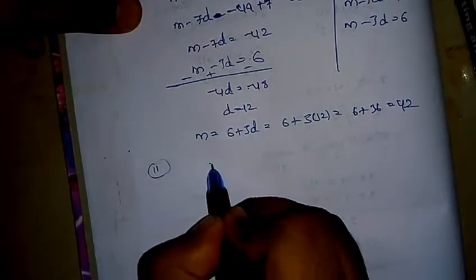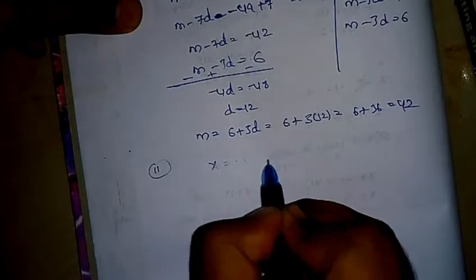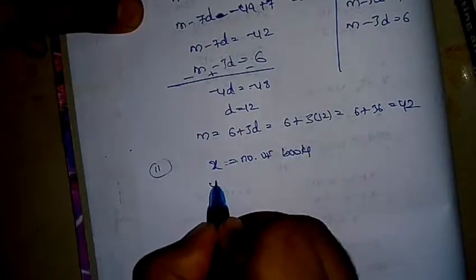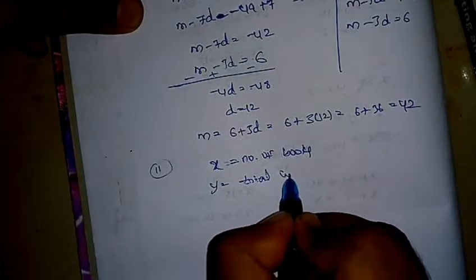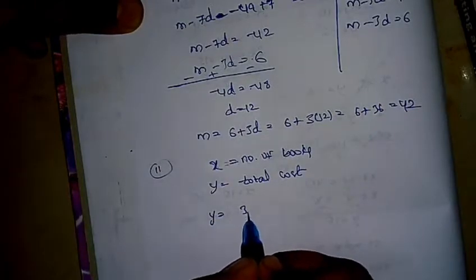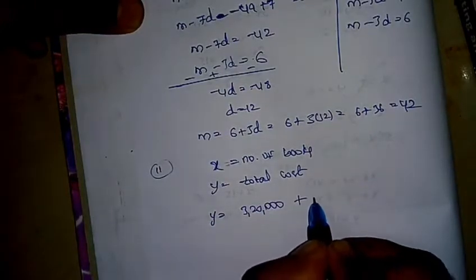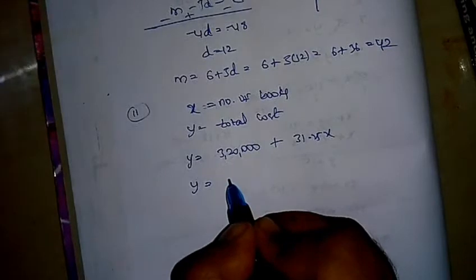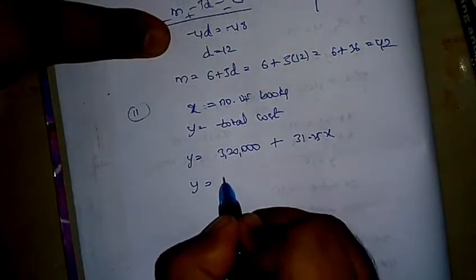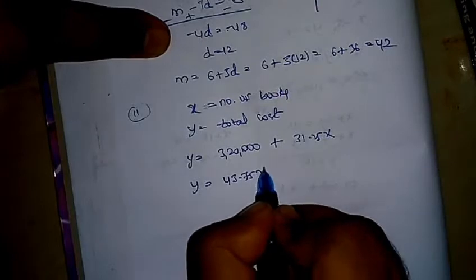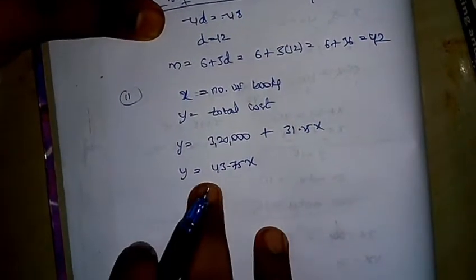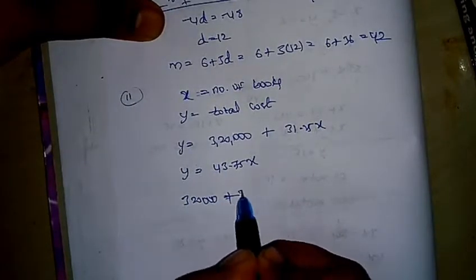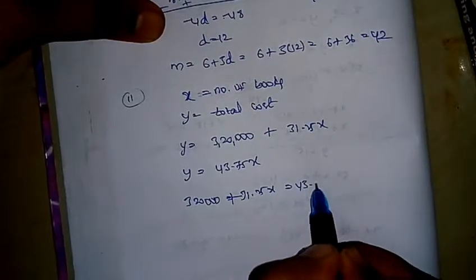So let the number of books be x, and y is equal to the total cost. Now y is equal to the initial 3,20,000 plus 31.25x, and y should also be equal to the total revenue, that is 43.75 into x. If you equate these two, 3,20,000 plus 31.25x is equal to 43.75x.